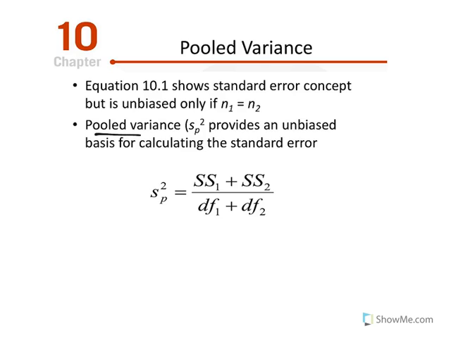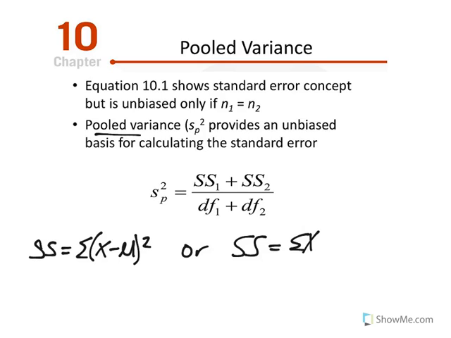Now, let's not forget the SS, sum of square deviations, which was presented back in chapter 4, and we will need in this chapter. It could be computed one of two ways, using the definitional formula, so the sum of our mean deviations squared, or we could utilize the computational formula, which says we take the sum of all x values that have been squared, and subtract the sum of x, squared, over n.